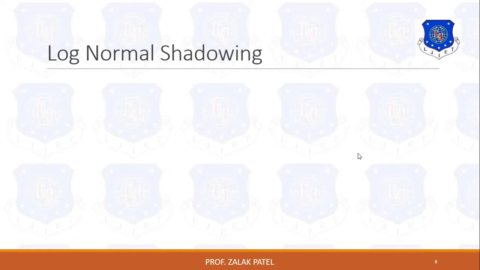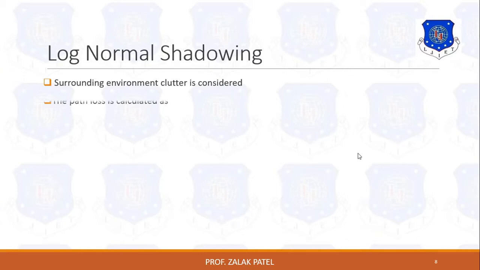Log normal shadowing has its own advantage, because in this type of method the surrounding clutter is considered. As we discussed earlier, in the free space propagation model, surrounding environmental clutter is not considered. Here this provides the advantage that clutter is considered.